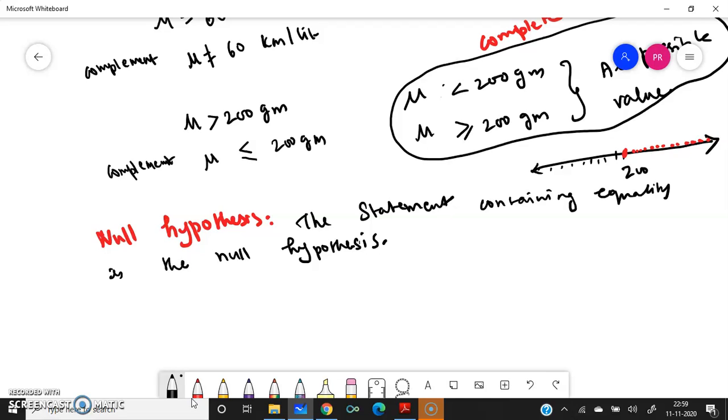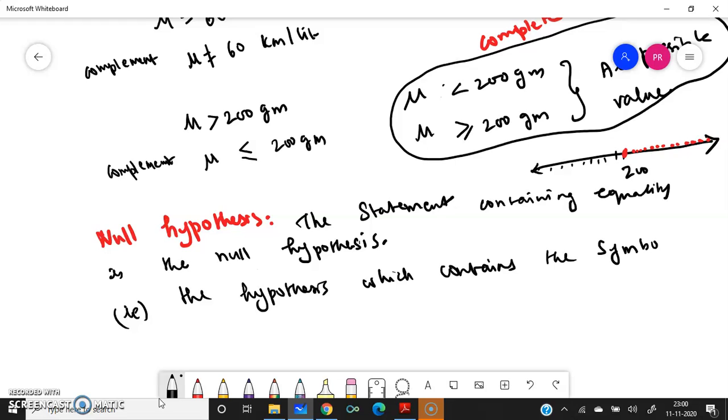That is the hypothesis which contains, so we can say, the hypothesis which contains the symbols, what are the symbols?